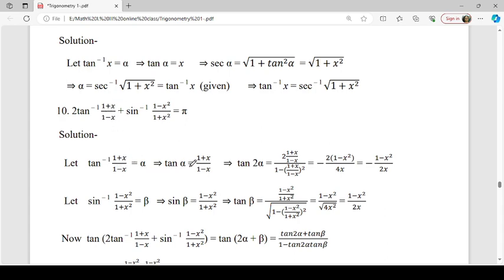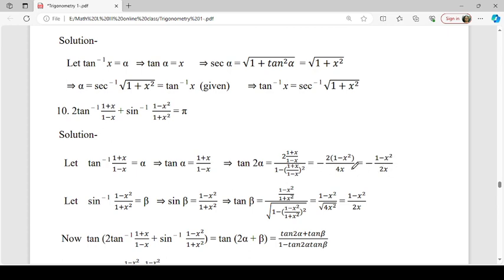Then 2 tan inverse of this value, so we write tan inverse: 2 tan inverse alpha, 2 tan inverse x, so 2 tan inverse x is this one, 2 into x by 1 minus x square. So after simplification we get this value, minus 1 minus x square by twice x.